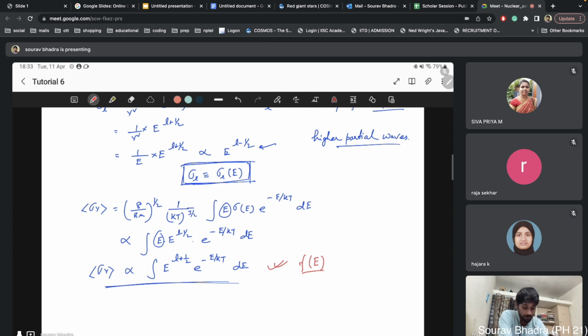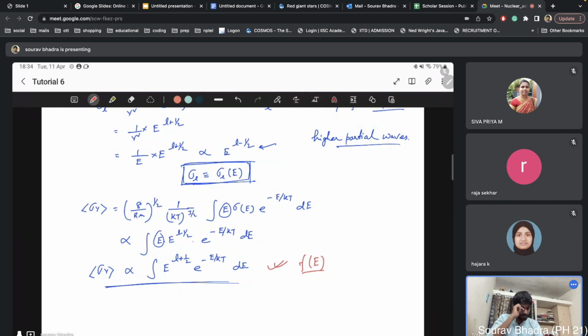Okay, sorry. So this was the particular thing for neutron-induced reactions. You don't have to bother much about it, because I couldn't find any numerical question from this neutron-induced reaction.